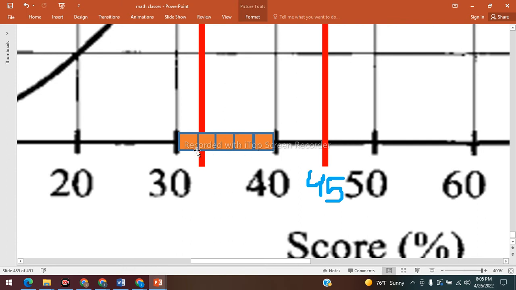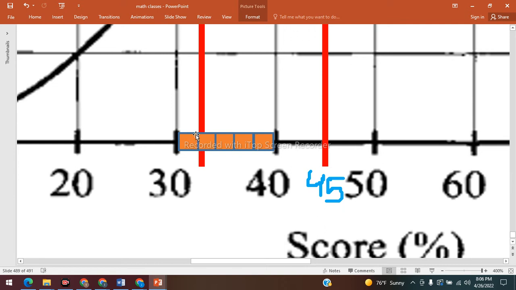So again, if this is 32, this must be 33. You see that? Wait, hold on. Because look, this is 30, this is 32, this is 34, this is 36, this is 38, this is 40. Okay.